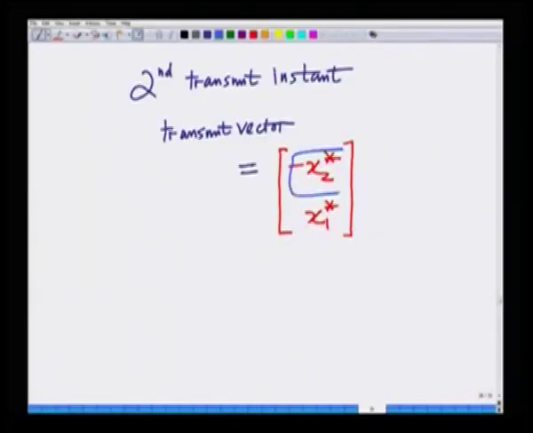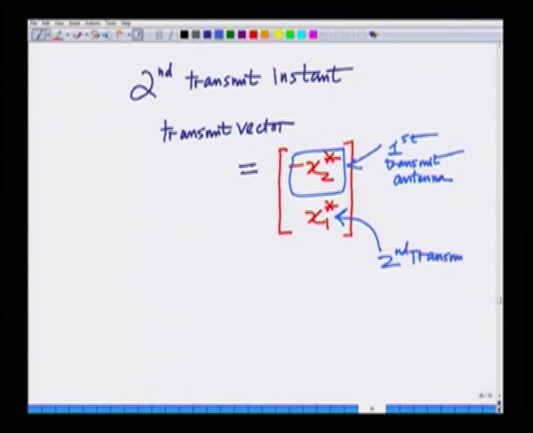So, I will have here minus x2 conjugate from the first transmit antenna, and this x1 conjugate from the second transmit antenna. I transmit minus x2 conjugate from the first transmit antenna, x1 conjugate from the second transmit antenna.